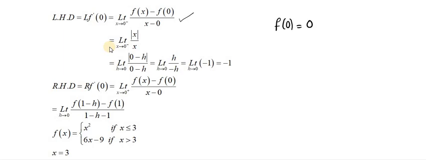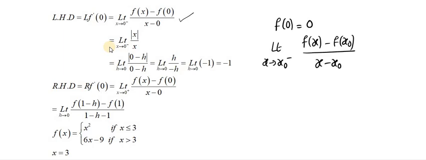Denominator x minus 0 is x. So observe the definition: x tends to x naught minus, f of x minus f of x naught by x minus x naught. Here we have x naught value 0. That's why wherever x naught appears we are substituting 0. Then we are going to get this step.